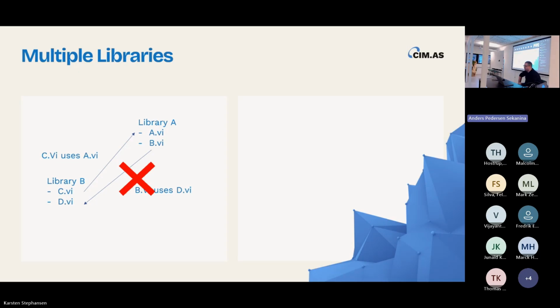This creates a roundabout, and it will conflict later when we talk about building packed project libraries. That will be a mess. I also see people restricting, where some VIs are friends of other VIs in these kinds of roundabouts, and later on that will give a lot of headaches.